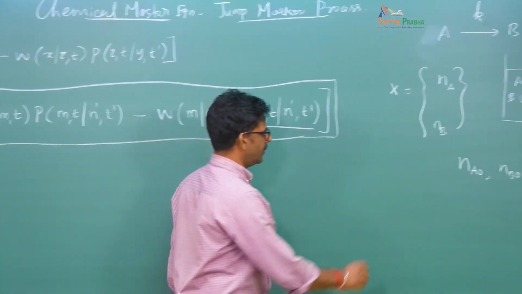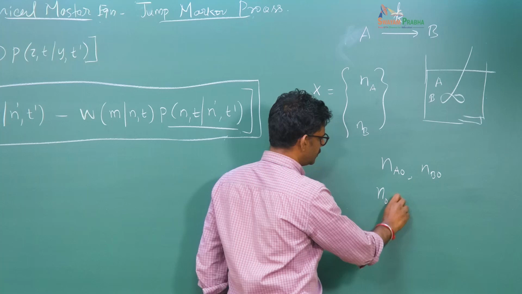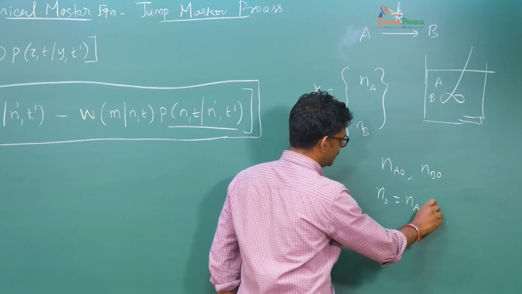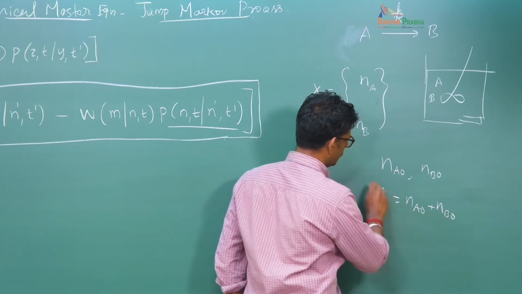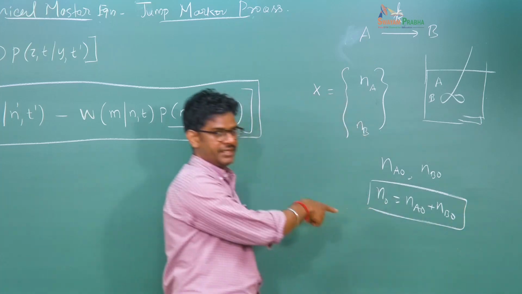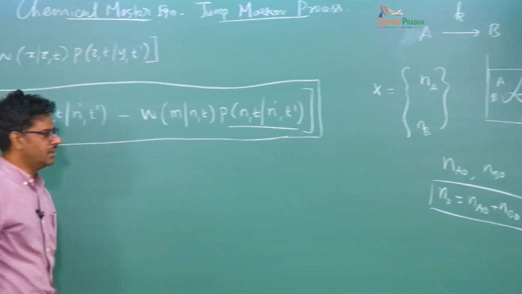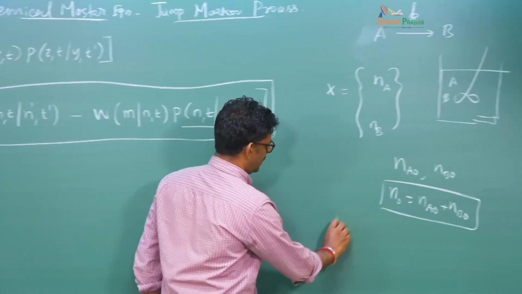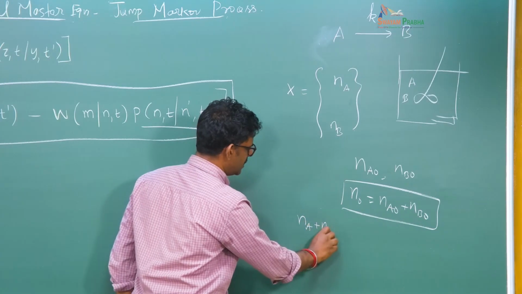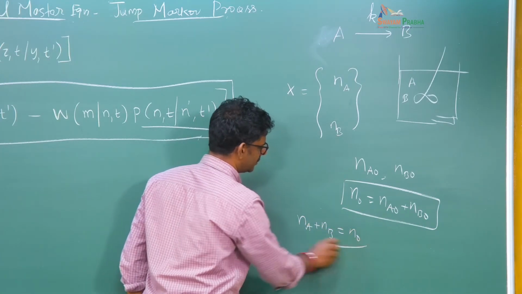So I can say that the total initial number of molecules is N_0, and this is a conserved quantity in this case. This means N_A plus N_B at any time should be equal to N_0.